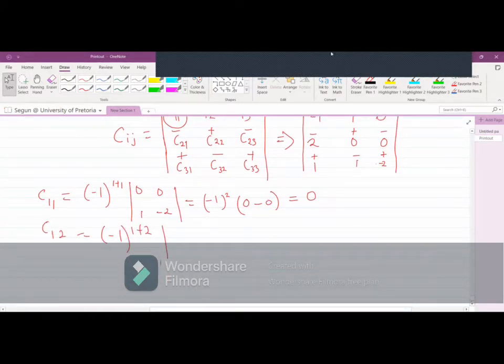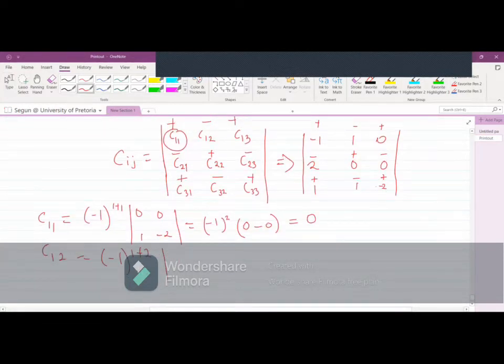If I pick this particular one, the row will be removed and the column will also be removed. What remains is 2, 0, then 1, minus 2.